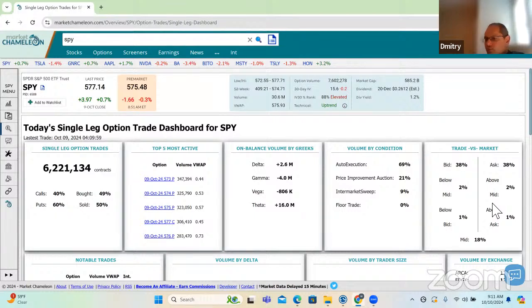And we could see that 2% of the trades occurred below the bid and 2% above, which is basically even. But what that would indicate is that if it's below the bid, there is an intermarket sweep order to sell, right? Because if you sell using an intermarket sweep, that's a specific order type, you could bypass that Reg NMS and sell below the displayed bid.